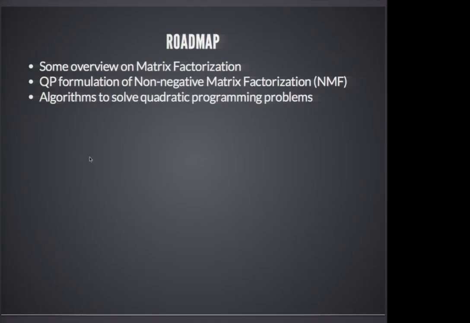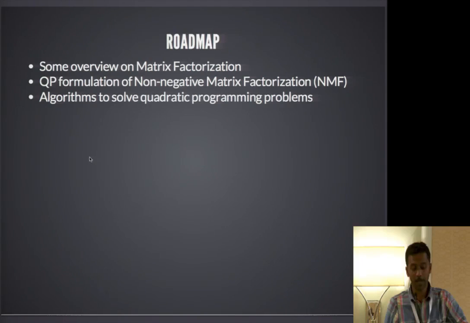So what to expect from this talk? Primarily, we'll be talking a little bit about what matrix factorization is, and then more specifically, we will focus on the formulation for non-negative matrix factorization. In that context, we'll introduce two different kinds of algorithms to solve a particular quadratic minimization problem.